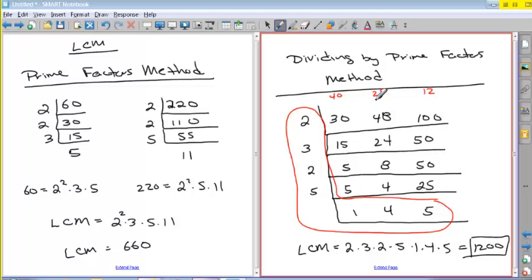So these two can be divisible by 5, but this one can't. These two are divisible by 2, but that one isn't. We did 5, we did 2. What else is there? 3, but none of them could be divisible by 3. So that's pretty much it. So that works out. So it's 1,200.